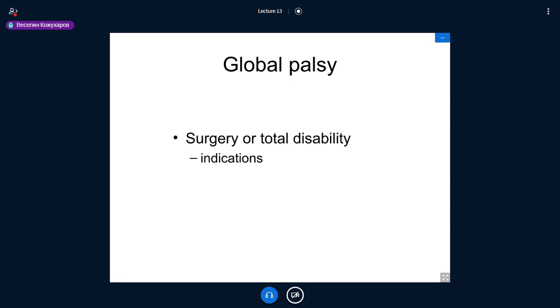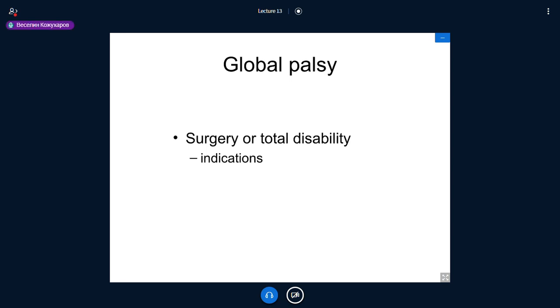And after that, we could observe the retardation or slow development of the whole limb, and after a long period of observing this patient, we could see that this limb is completely disabled and it's equal to amputation.